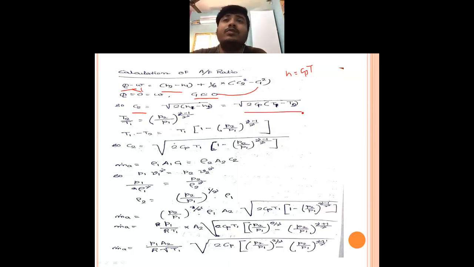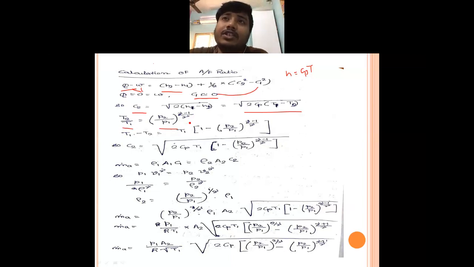Now, as from process 1 to 2 there is no heat transfer, we can consider the process to be an adiabatic process. So if it is an adiabatic process, we can use this formula: T2 by T1 is equal to P2 by P1 to the power gamma minus 1 by gamma, and you know how this equation comes.